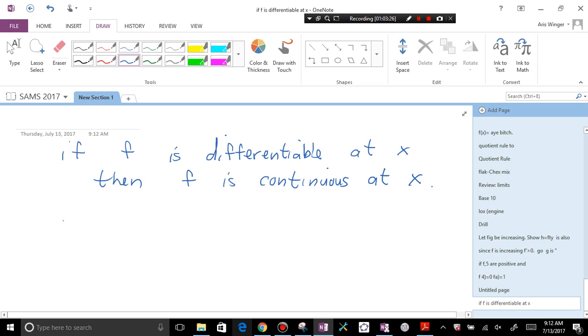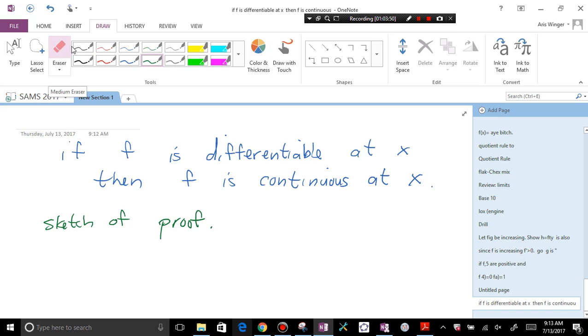Here's a sketch of it. Sketch of the proof; I should put this in a different color, and I should use a different letter. Let me think here. Oh, this is okay.